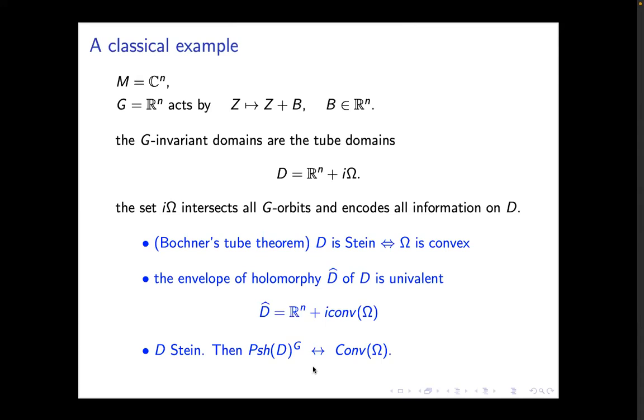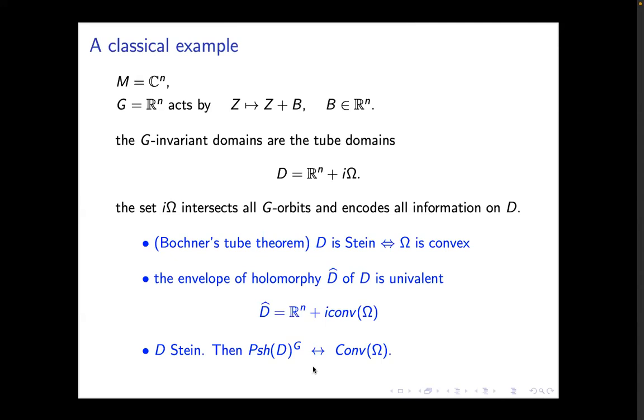So the classical Bochner tube theorem says that the domain D is Stein, so it's a domain of holomorphy, if and only if the base omega is convex. The envelope of holomorphy is univalent or schlicht, as you want, so it means that the projection Q is injective. And in this case, the envelope of holomorphy of D is the smallest Stein domain containing it.